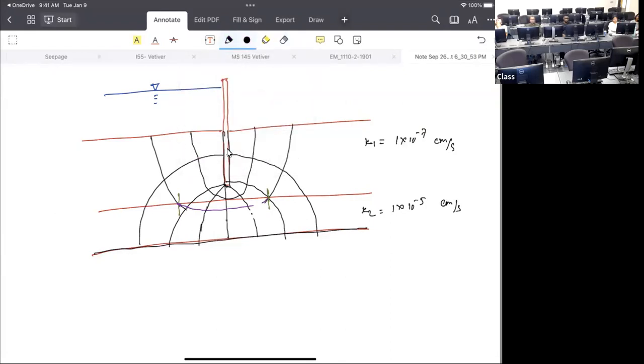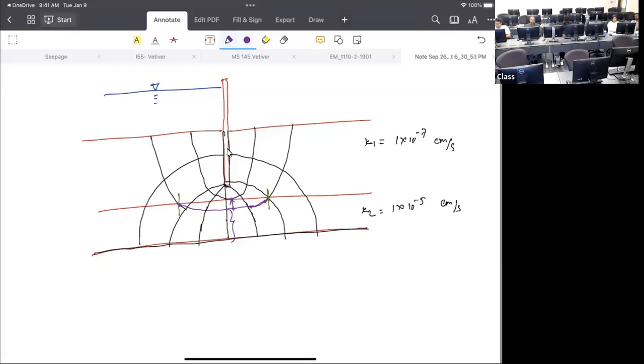I just adjusted it. I didn't do anything else in my first try. If you look at this, my flow lines are getting smaller, right?